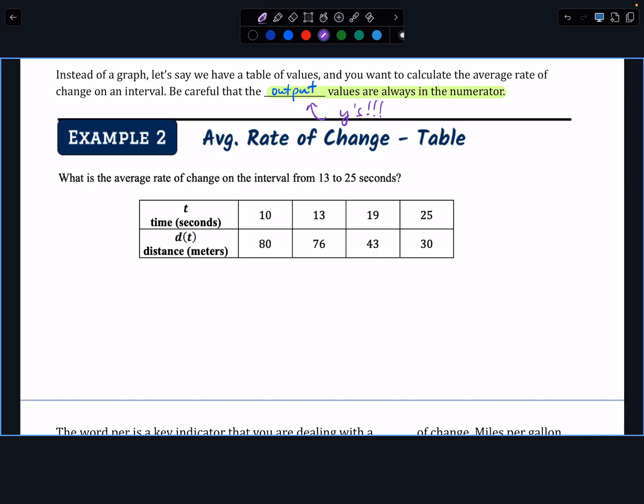What is the average rate of change on the interval from 13 to 25 seconds?